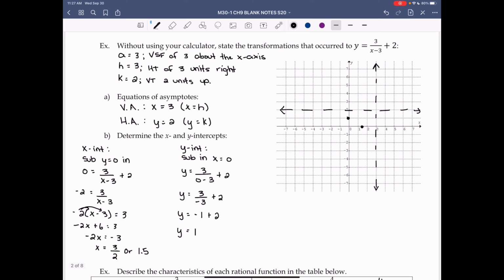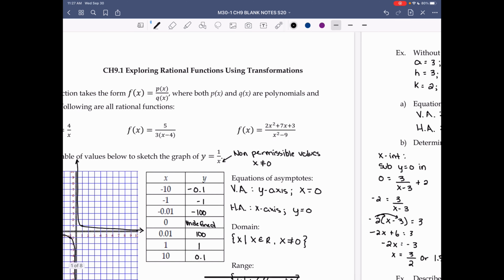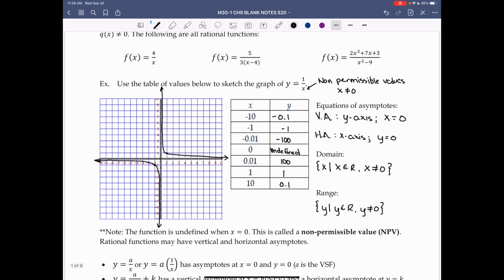We can also use mapping notation to determine some other values. So if we look back at our y equals 1 over x, we have a point here that is 1, 1.